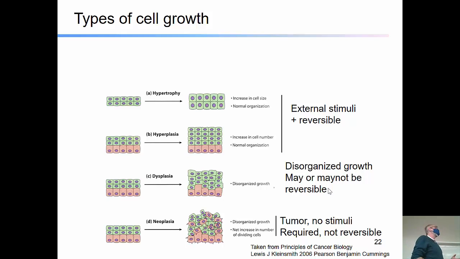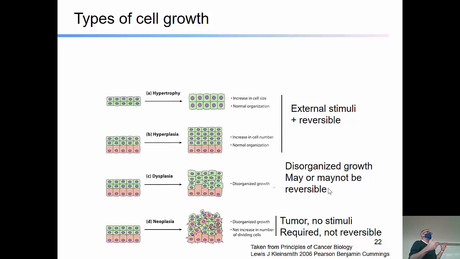So in response to stimuli, cells can do a couple of things that cause them to increase in size or mass. If they increase in size, we call this hypertrophy, but they maintain an organization. With hyperplasia, we get an increase in the number of cells.